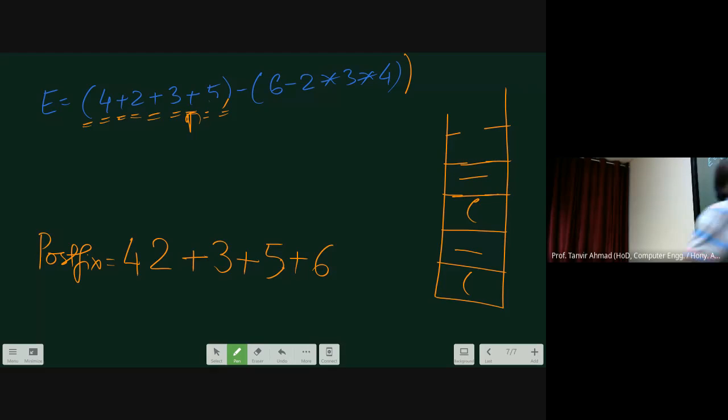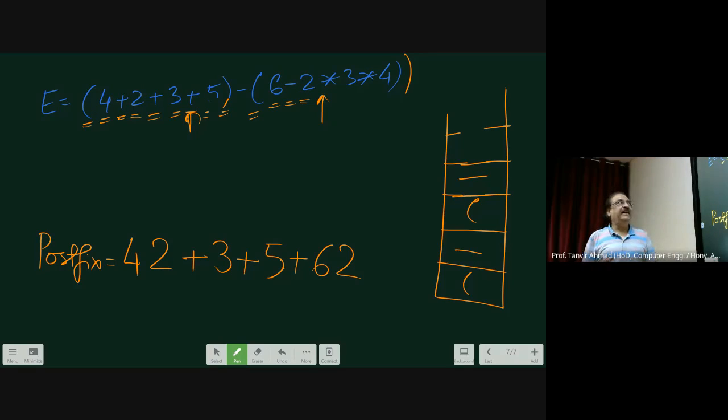Now here, try to understand it. Then I get a 2. I will put a 2 over here. Then I get a multiplication sign. Now here is the crux you have to take. Once I get this multiplication sign, I have to pop all those operators which have higher or equal precedence from the stack.